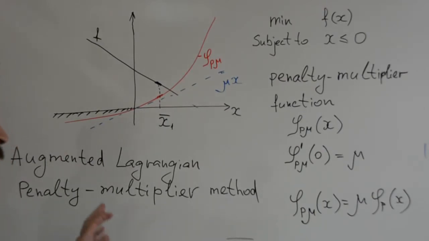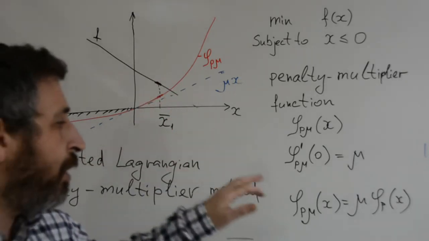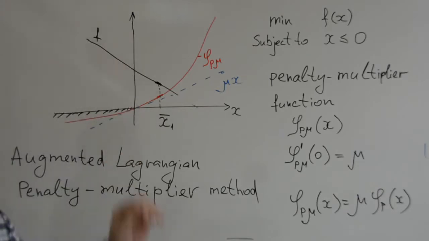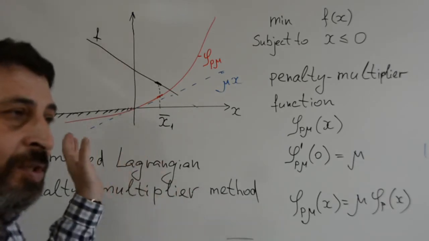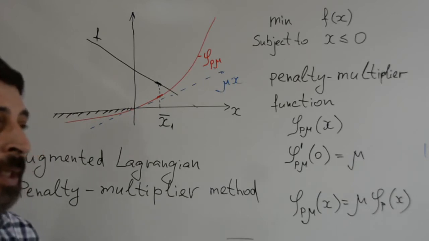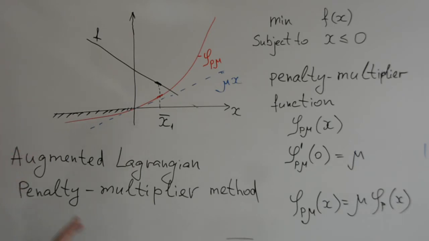Like I told, when we force the penalty parameter to become very large, numerical optimization and constrained optimization become more difficult. In order to alleviate this difficulty, people use Augmented Lagrangian, or by another name, Penalty-Multiplier Method.